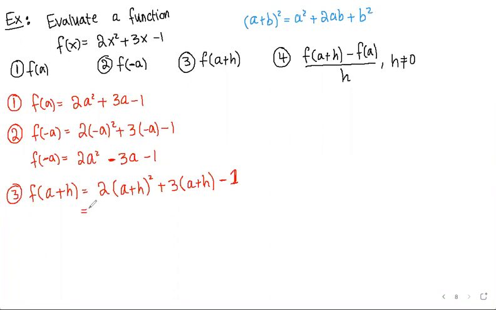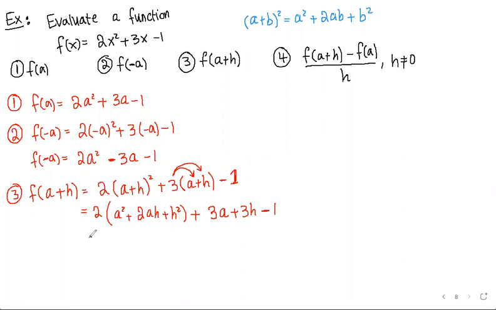So what I get here: 2 times (a squared plus 2ah plus h squared), plus, now distribute the 3 inside the parentheses, 3a plus 3h, and minus 1.